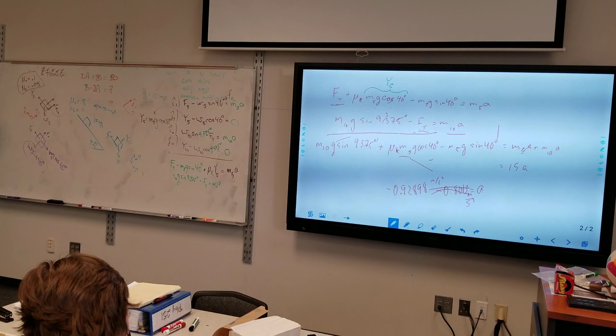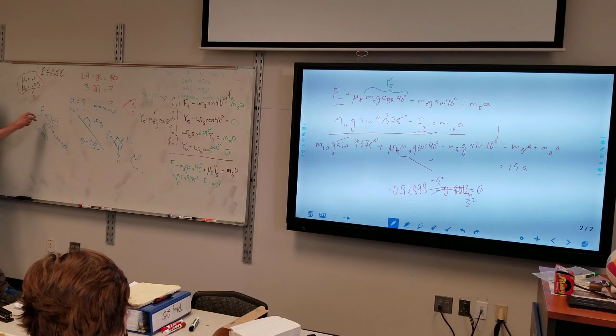I decompose. This will be W cosine theta and W sine theta, Y and friction. If it starts at rest, I first need to establish, is it going to overcome the static friction? So I assume to start out with static.